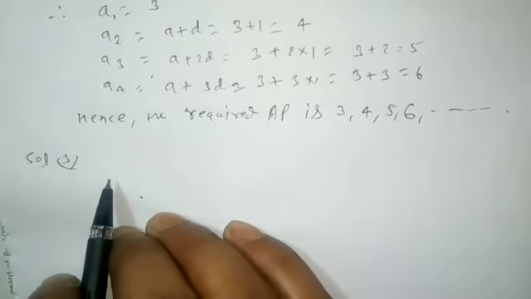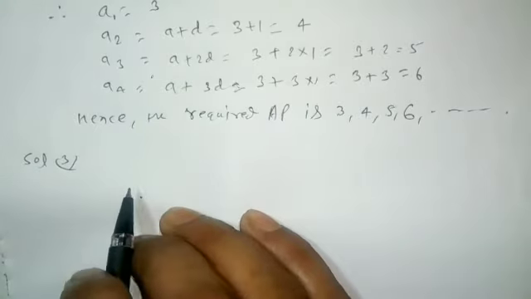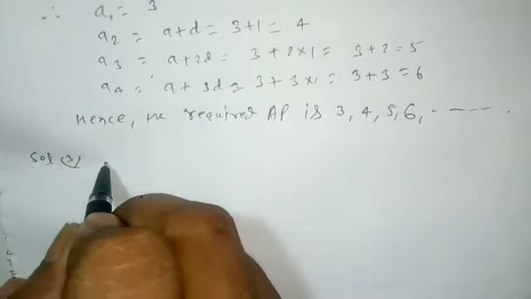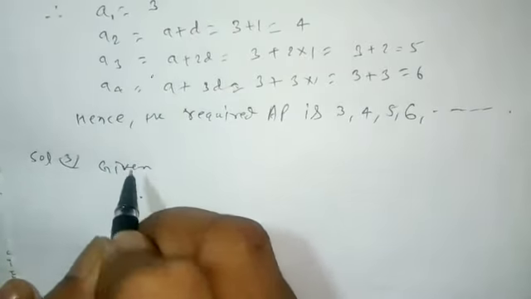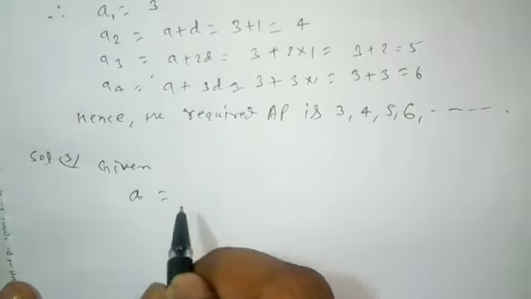This 12 is the first 2-digit number which is divisible by 3. So we have to write, given a is equal to 12.